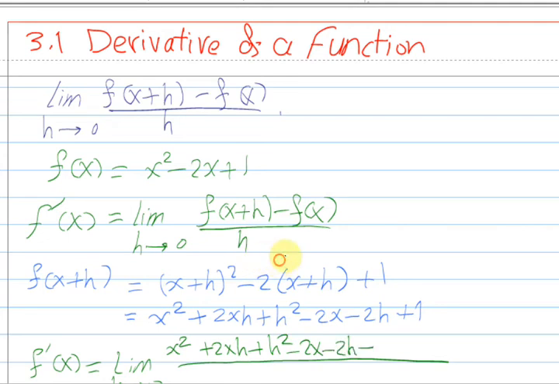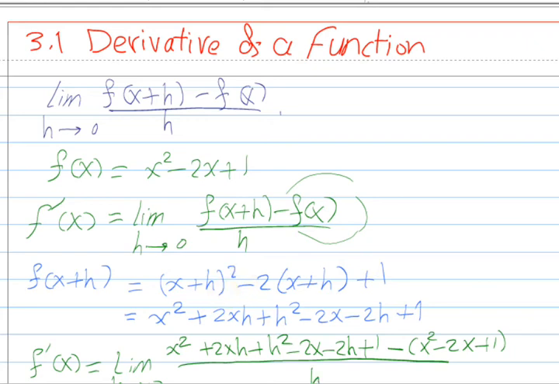This is f of x plus h. Minus, I want to put f of x here. What is the value of f of x? It is x squared minus 2x plus 1. Don't forget you have to put this bracket, otherwise you have to distribute the minus sign. Over h.